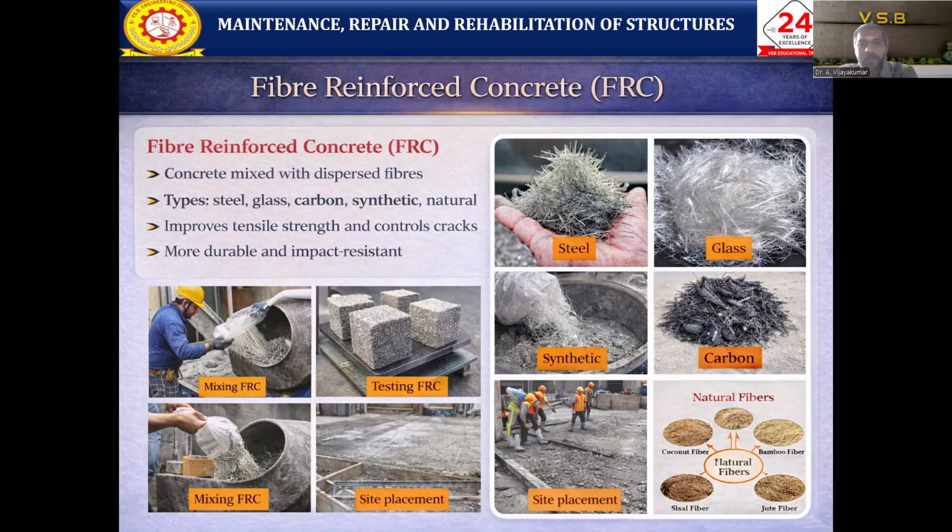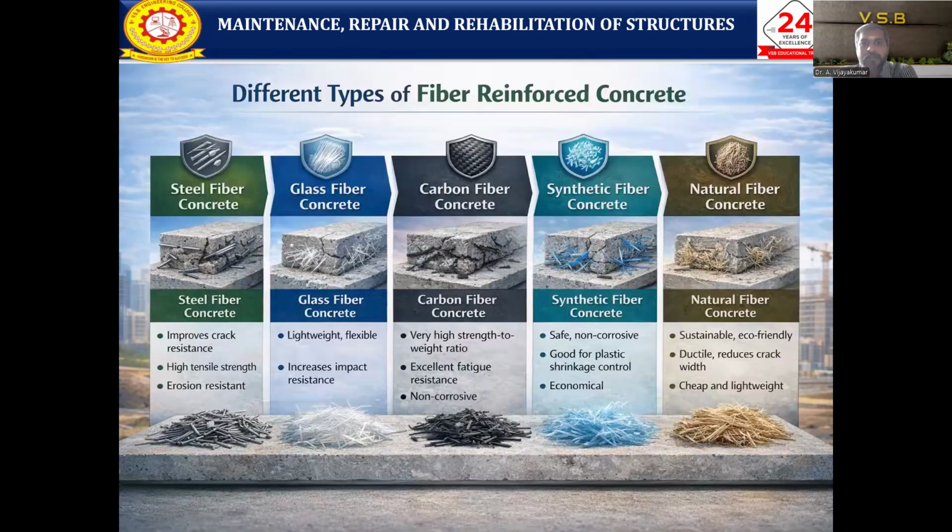So these pictures show the different types of fiber: steel, glass, synthetic, carbon. There are also different types of natural fiber: coconut fiber, bamboo fiber, jute fiber, sisal fiber. These natural fibers can be mixed into our conventional concrete to improve its performance.